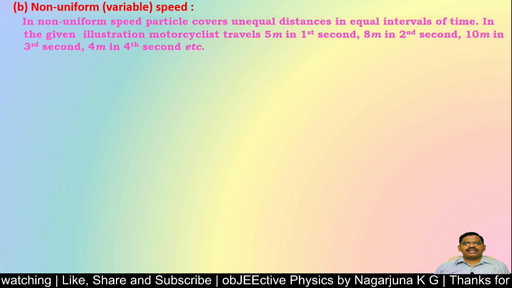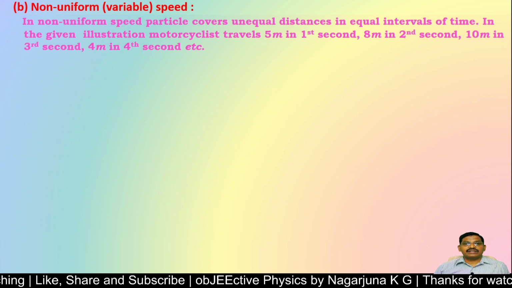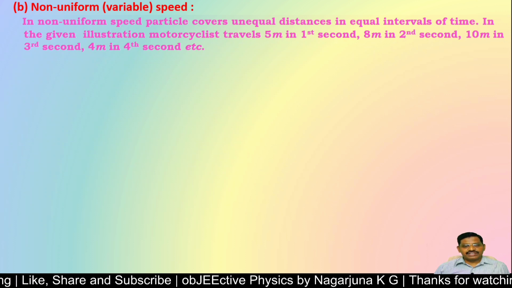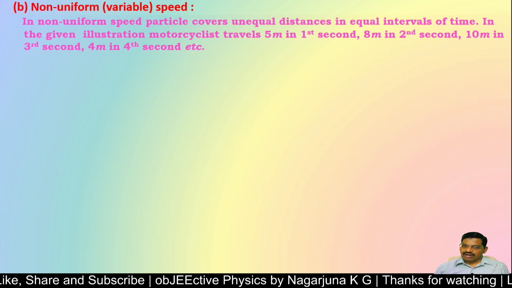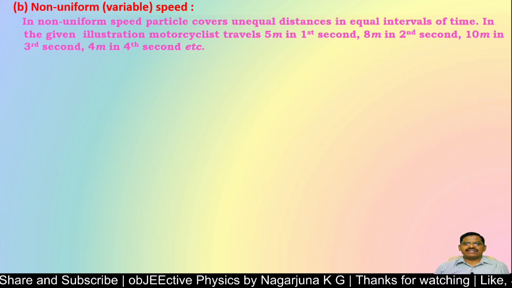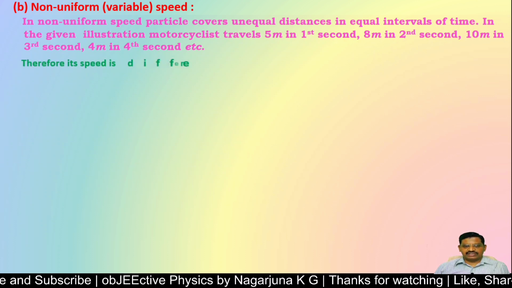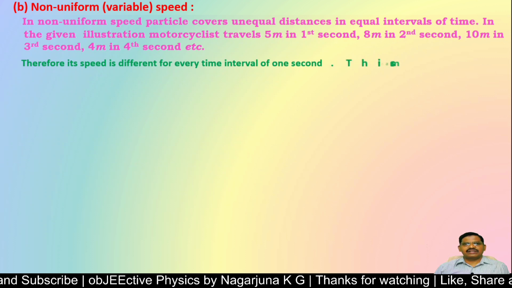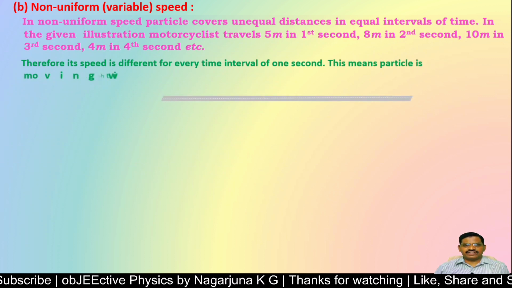A particle is said to be moving with non-uniform speed when it covers unequal distances in equal intervals of time, or equal distances in unequal intervals of time. Observe the example here. Its speed we will see later. First observe the diagram.